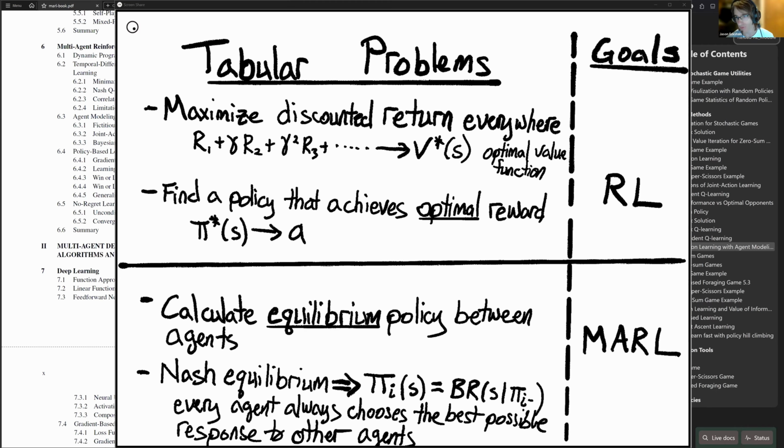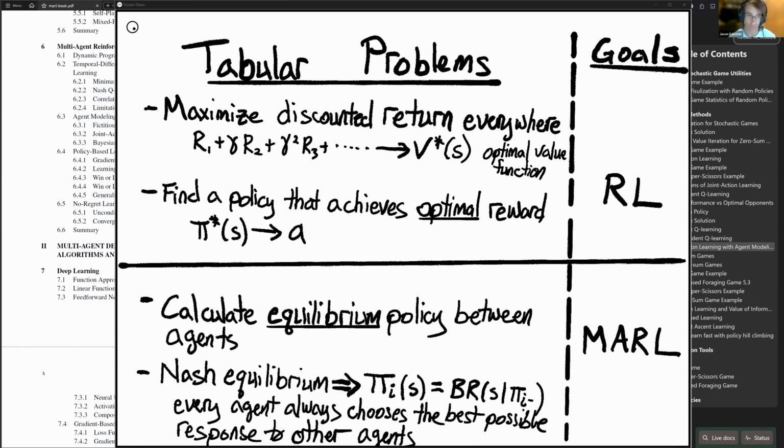Now, the main difference in multi-agent learning is that instead of maximizing something, what we're usually trying to find is some sort of equilibrium joint policy between all the agents. By equilibrium, we mean a situation where all of the agents are getting some reward from their current behavior interacting with all the other agents.